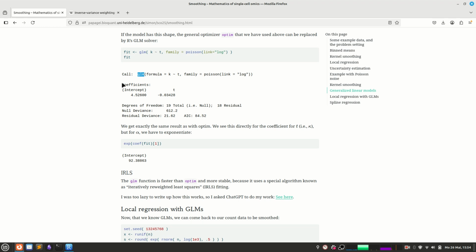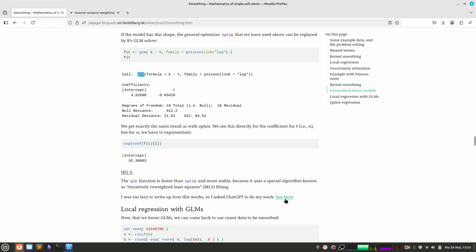Now you make a linear model. You solve the linear model with ordinary least squares to get a first guess. Then you use this guess to get the predicted value, so the expected Poisson count for each data point, and that gives you not only the value which you have to put into the Poisson, but also the expected variance. And then you can go back and do a weighted maximum likelihood using these variances as weights that you calculated.